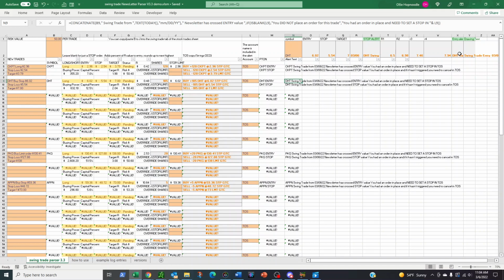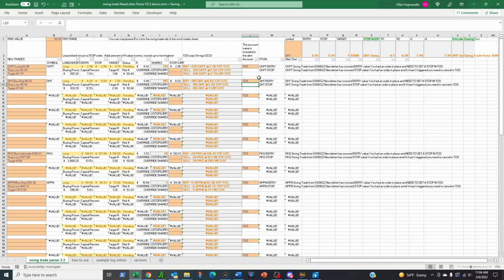Maybe I didn't actually enter the trade, and so I want to go ahead and have an entry that says that you didn't enter the trade, and you can do that by deleting this value here. So if you don't put a value here, the stop alert will say you did not place an order for this trade. If you put a value in here, it will tell you which account you had put an entry in, and then if you had not put a stop in, then this would be the time that you'd put the stop in, although I don't do that.